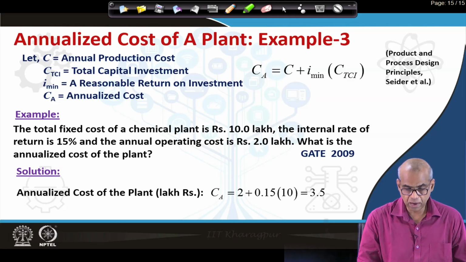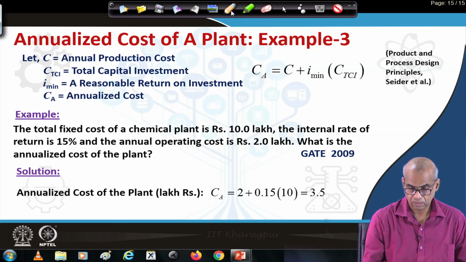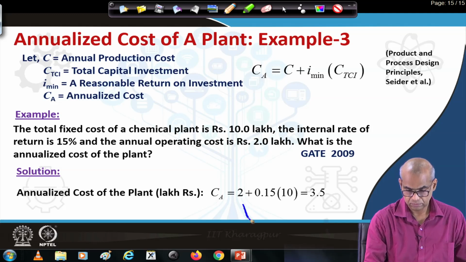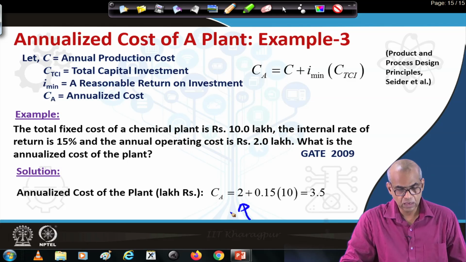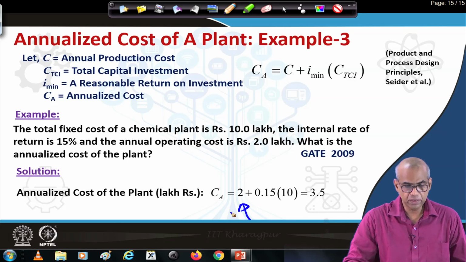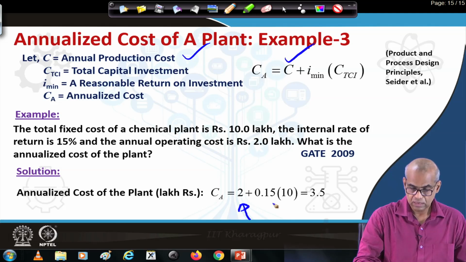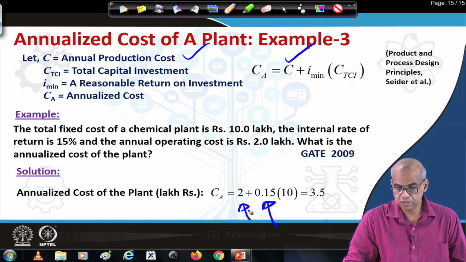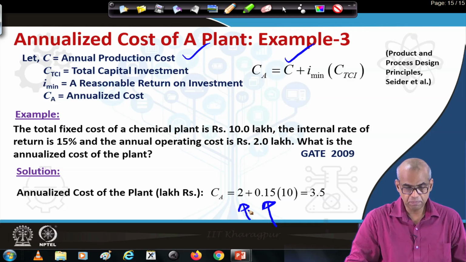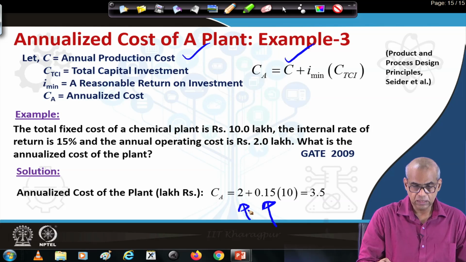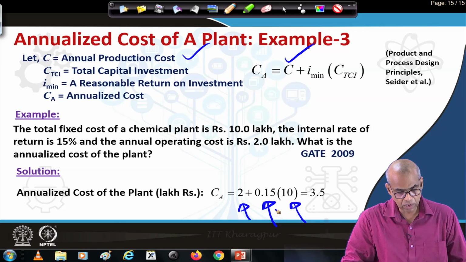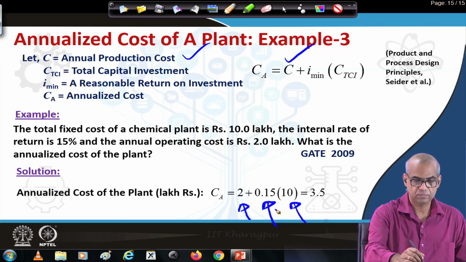So, annualized cost of the plant is 2 lakhs, which is the annual operating cost, plus the rate of return 15%. So, 0.15 multiplied by the total capital investment which is 10 lakh. So, this gives you annualized cost of the plant as rupees 3.5 lakh.